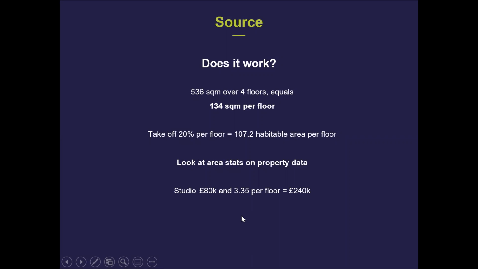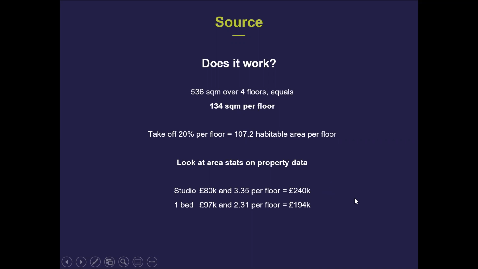So you'd fit 3.35 studios per floor, which means, obviously you can't fit 0.35 of a studio, so that would be 3 times 80, which is 240. So you could make £240,000 from selling those units on at the end if you were going to concentrate on studios.